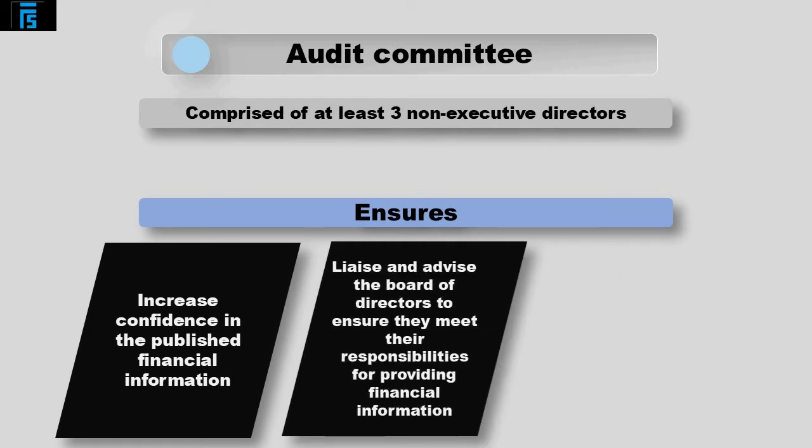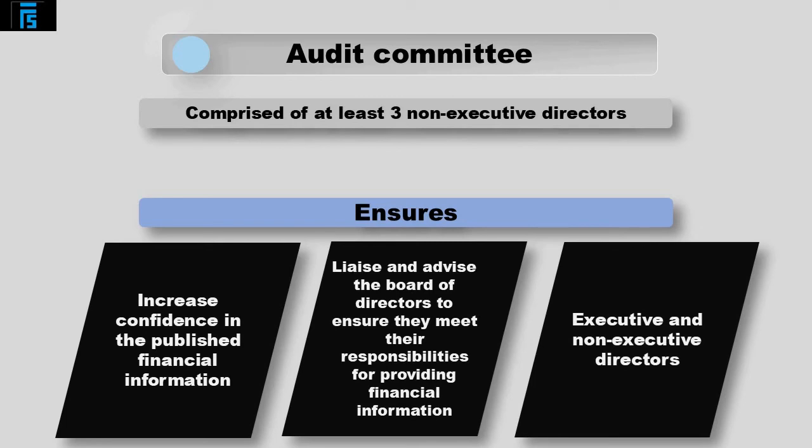They liaise and advise the Board of Directors to ensure they meet the responsibilities for providing financial information, and improve independence of the external auditor as they communicate directly with them.